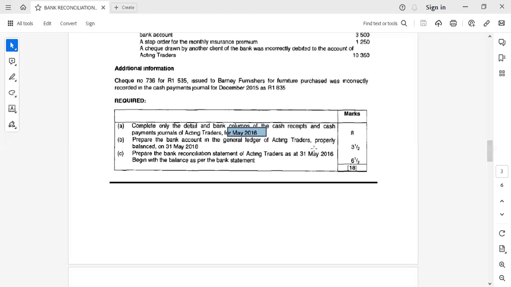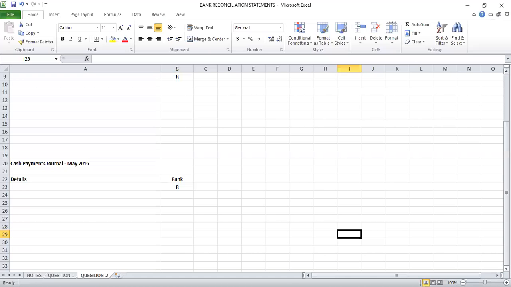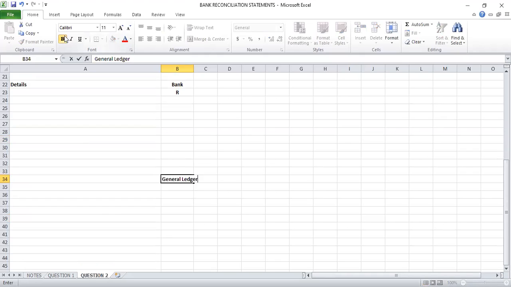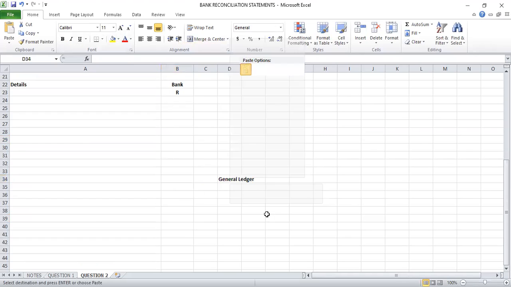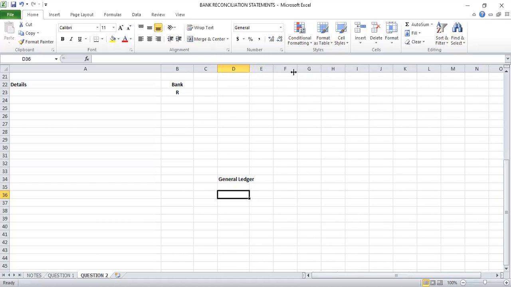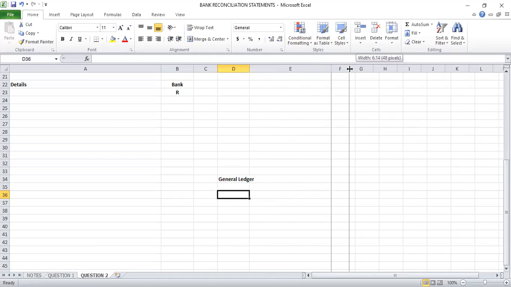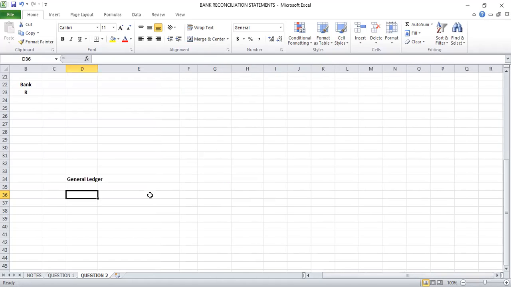we are required to prepare the bank account in the general ledger. Right. Our bank account. Right.